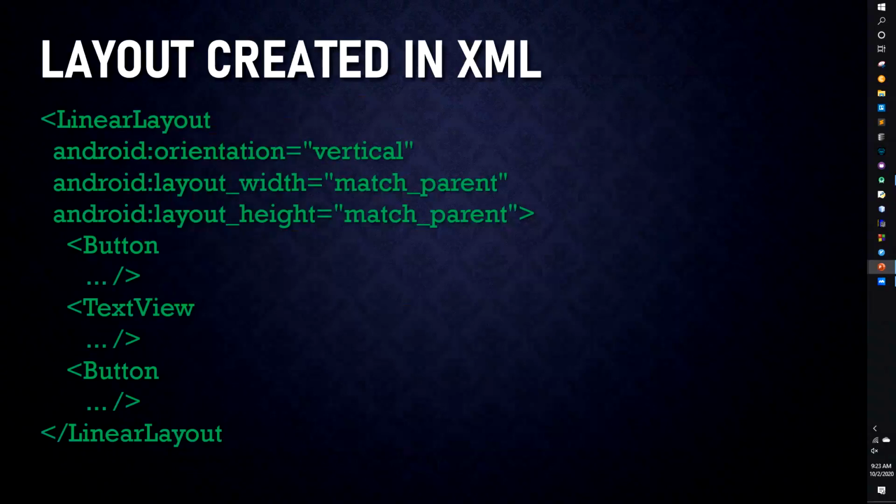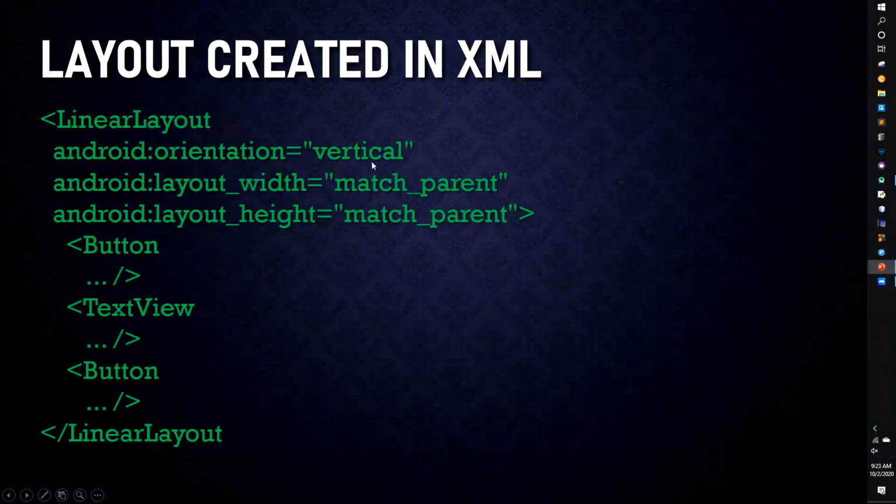Okay, so this is how we can create a layout using XML. We have seen how we can create a view, right? So now let's see how we can create a layout using XML. So we specify the layout name here, linear layout. So this tag starts from here and closes the tag here. So inside this linear layout, since it's a view group, we have multiple views inside it.